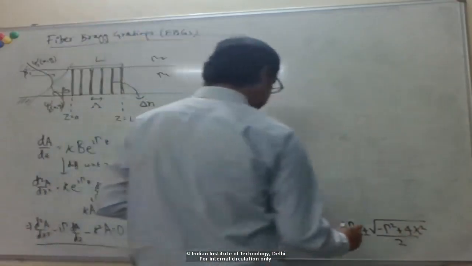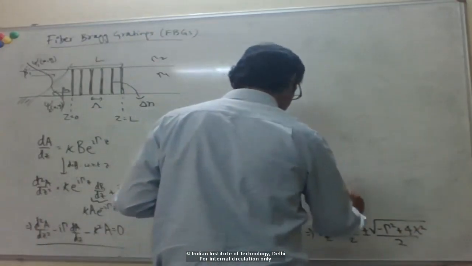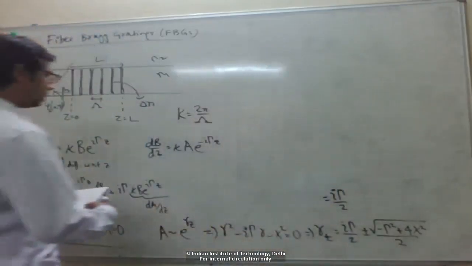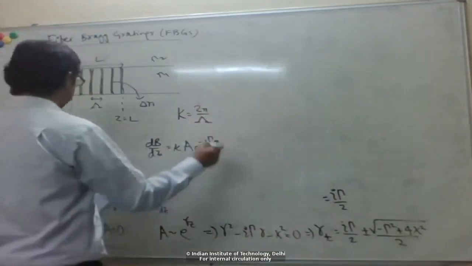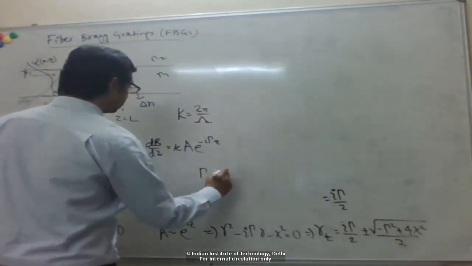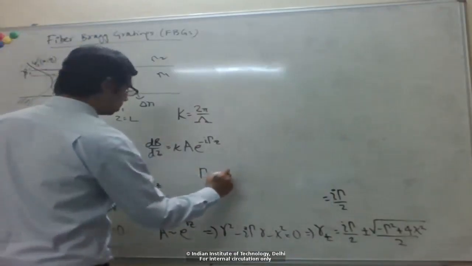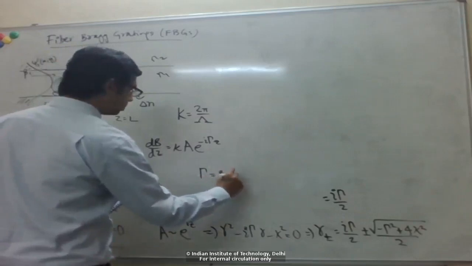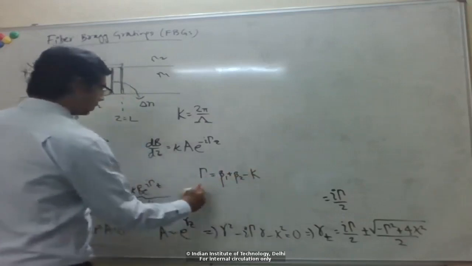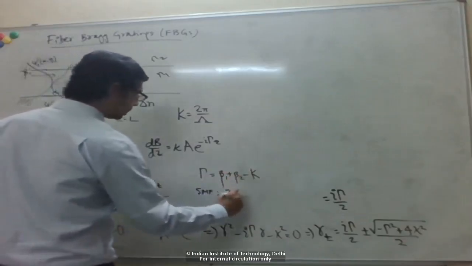Okay, so we write this as some i gamma by 2. So now this capital gamma is that. I recall this capital gamma was beta 1 is beta 2 minus k. So for example, if you're looking at single mode fiber, then these two propagation constants are the same.